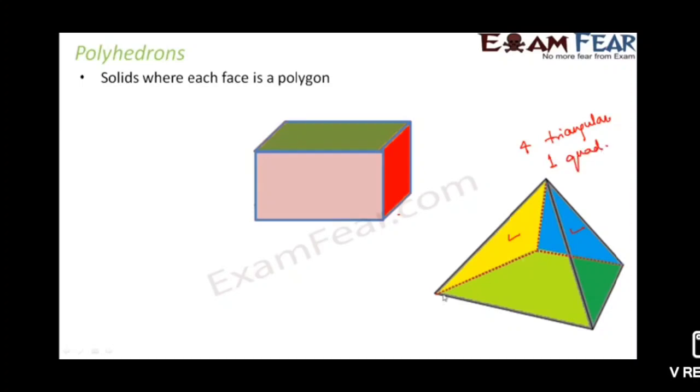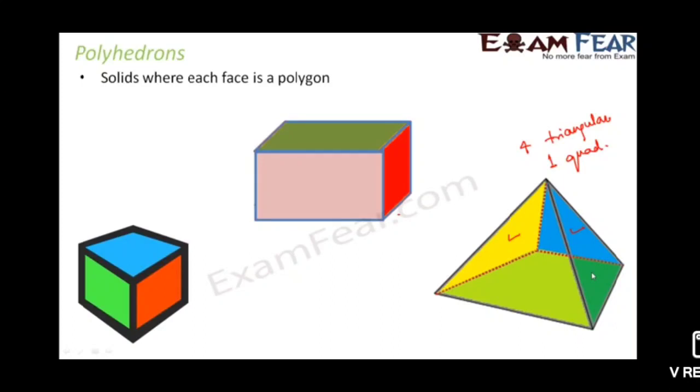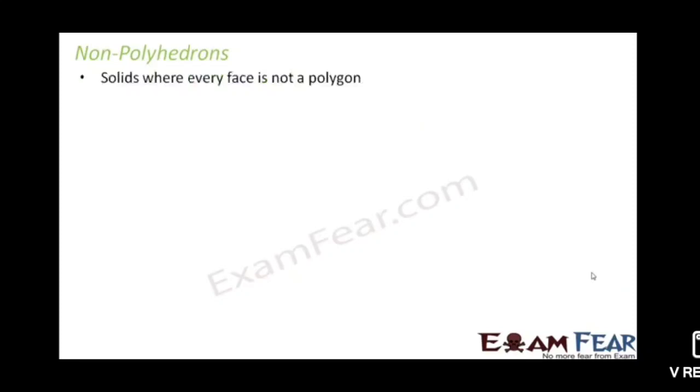See the bottom part, it is a quadrilateral because it has 4 sides. So 4 triangles and 1 quadrilateral, and all are polygons. That means it is a polyhedron. Then the next figure is a cube. A cube is very similar to a cuboid, but in a cuboid each face is a rectangle, whereas in a cube it is a square.